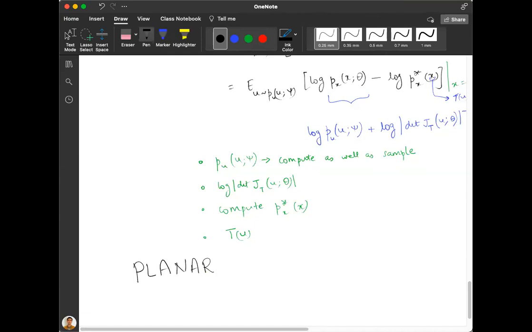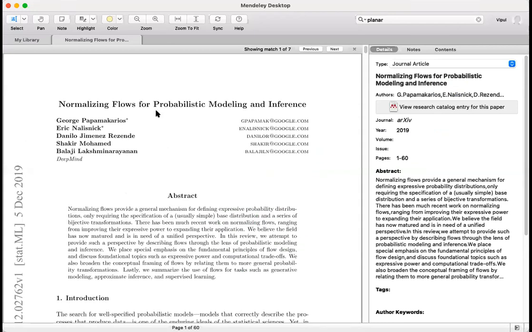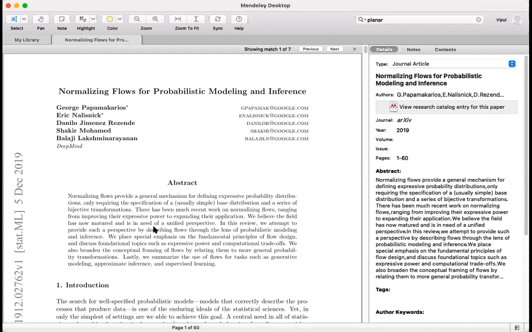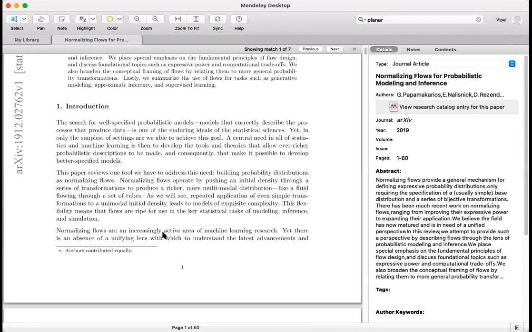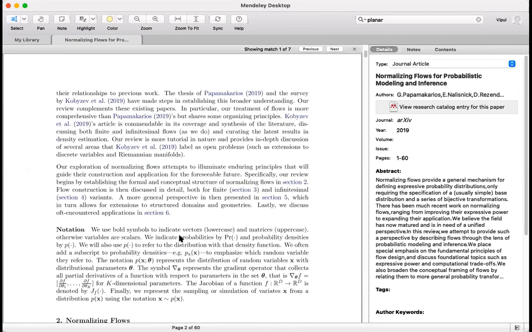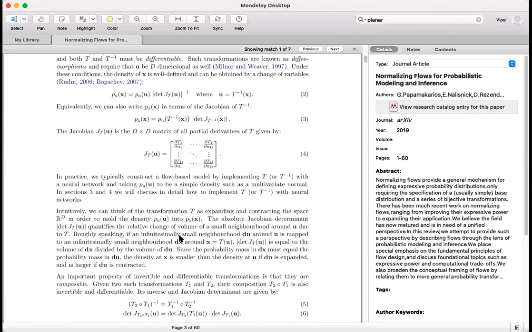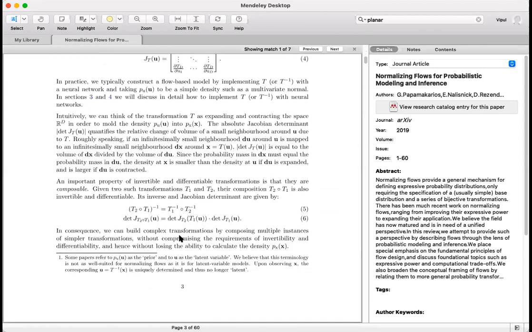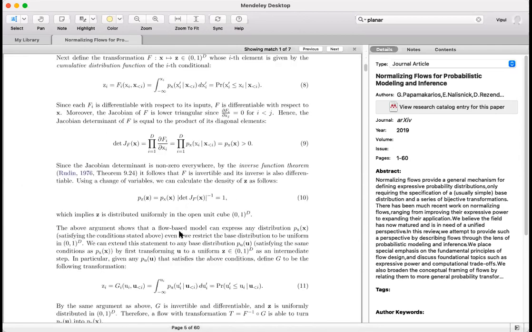Let me also share something at this point. This is the paper called Normalizing Flows for Probabilistic Modeling and Inference. It's a very good paper from the DeepMind group. They have a lot of theory which we have not discussed and which I don't find very important for our normal use cases, but it is good for theoretical analysis.